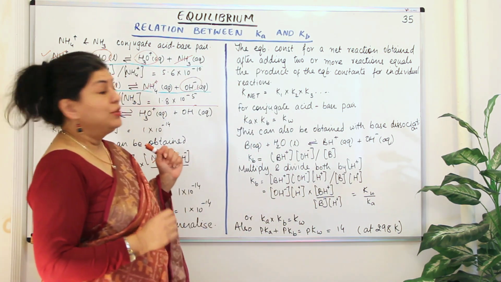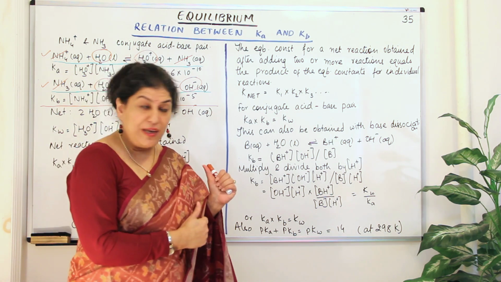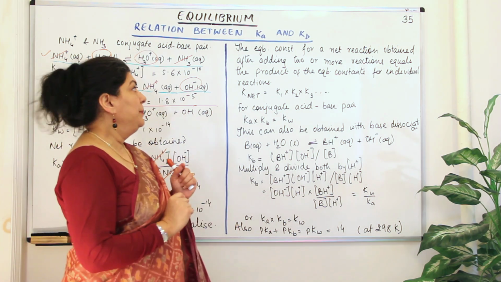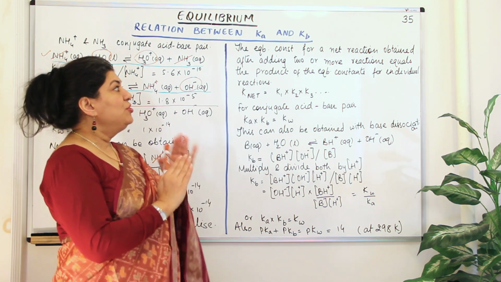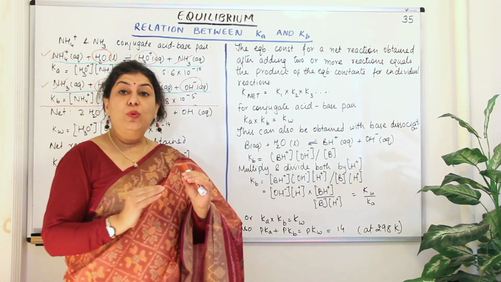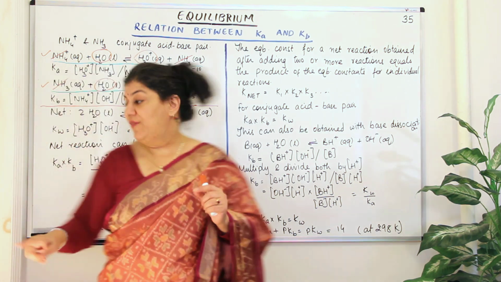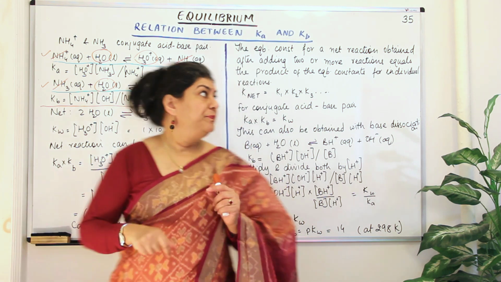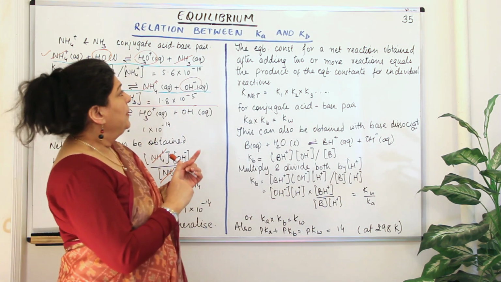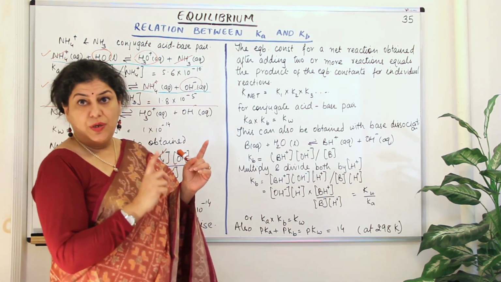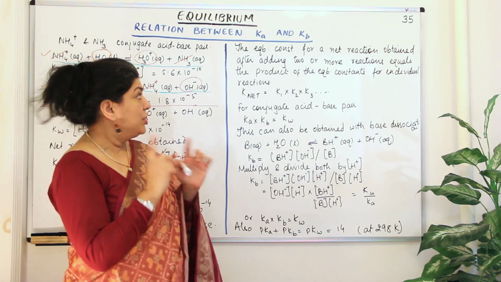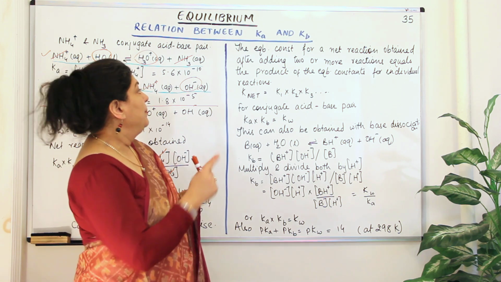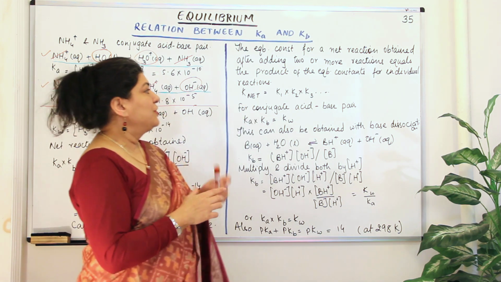The equilibrium constant for a net reaction obtained after adding two or more reactions equals the product of the equilibrium constants of the individual reactions.